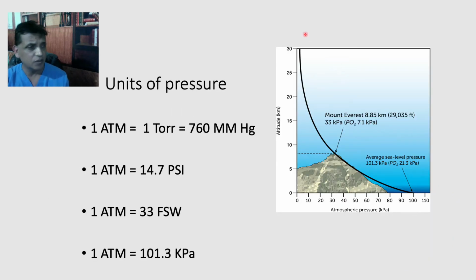Pressure can be measured in various units. 1 atmosphere is equal to 14.7 pounds per square inch, or equal to 760 millimeters of mercury pressure, or equal to 101.3 kilopascals, or equal to 33 feet of seawater. What does that mean, 33 feet of seawater?